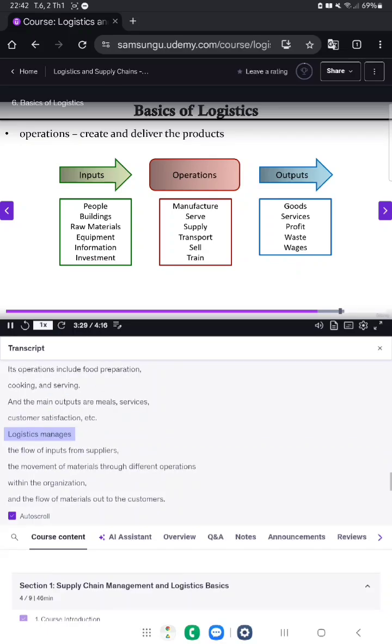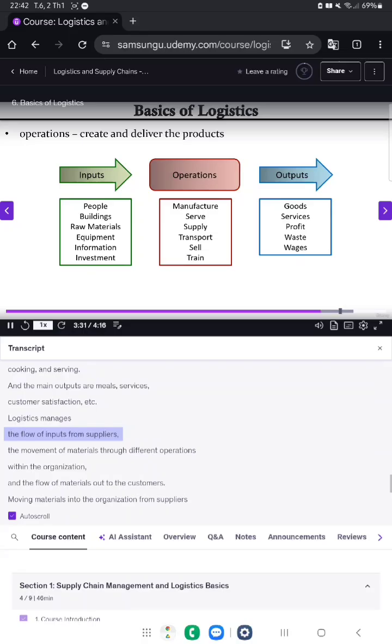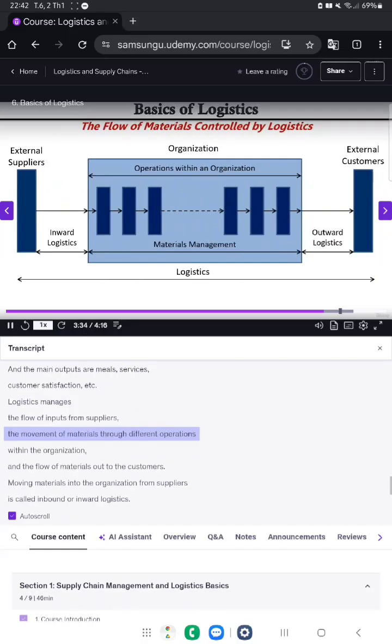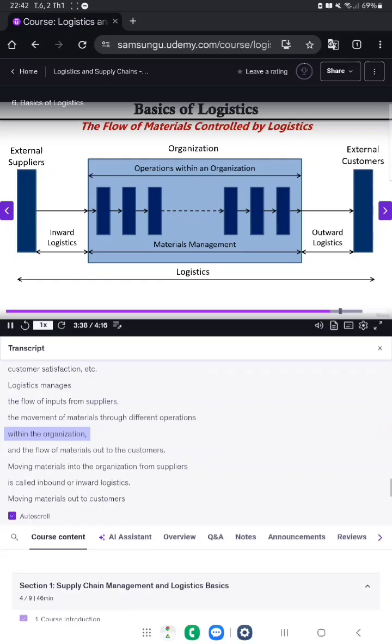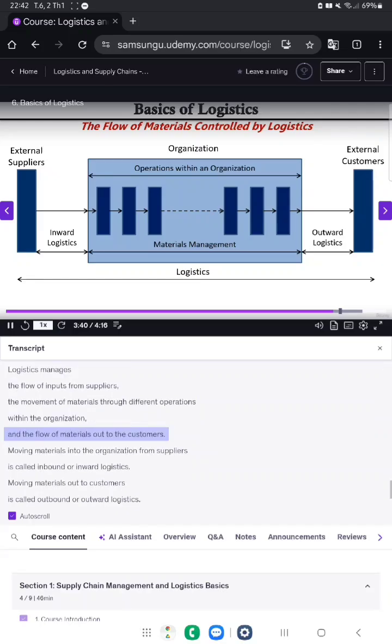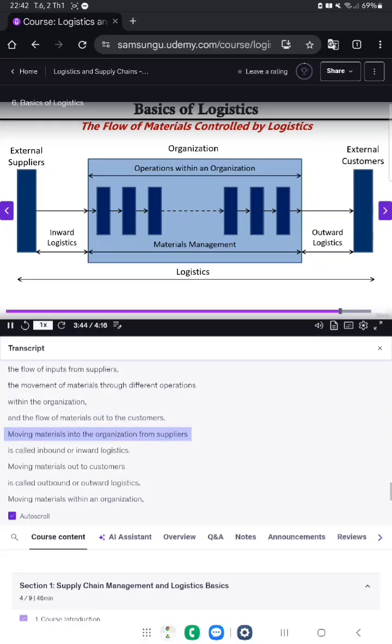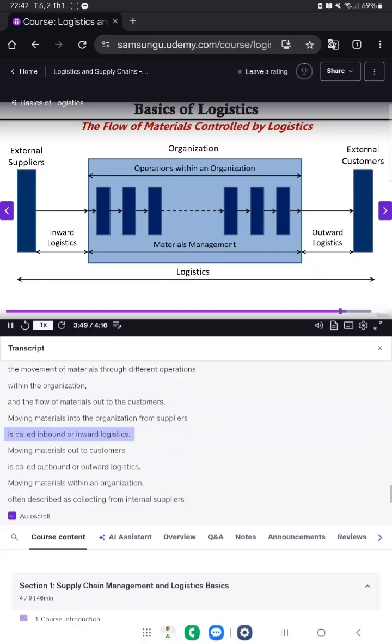Logistics manages the flow of inputs from suppliers, the movement of materials through different operations within the organization, and the flow of materials out to the customers. Moving materials into the organization from suppliers is called inbound or inward logistics.